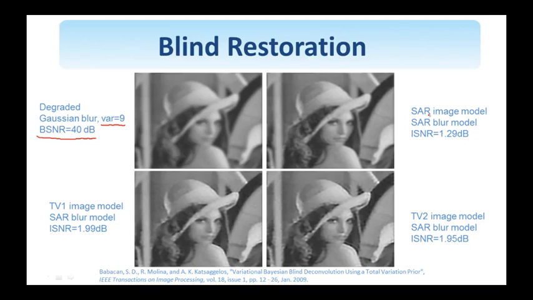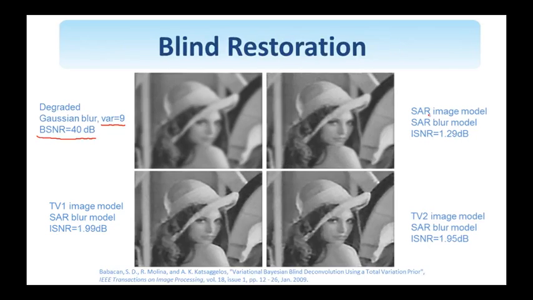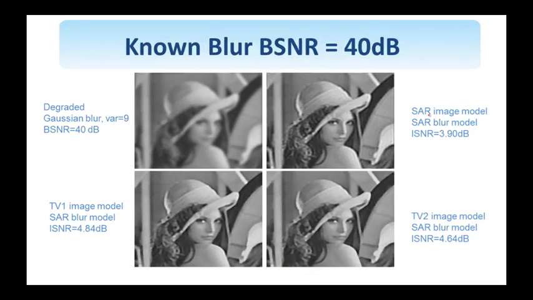Now, if the blur is known, and this is a synthetic experiment, so we know exactly the blur, so it's a non-blind restoration, then these are the corresponding results we obtained with these three combinations of models I showed here. Let me switch back and forth a few times to see what is the additional improvement one obtains by knowing exactly the blur.